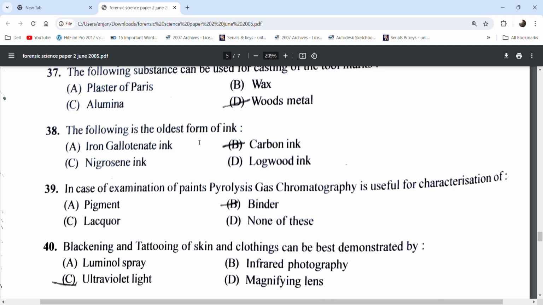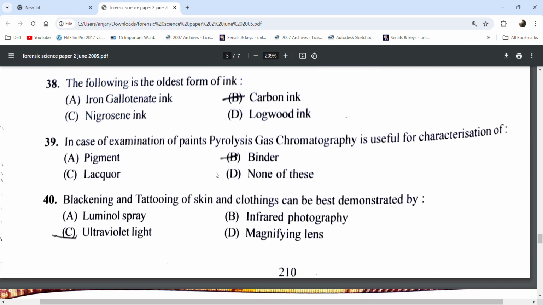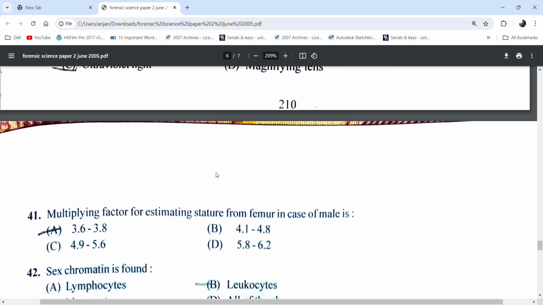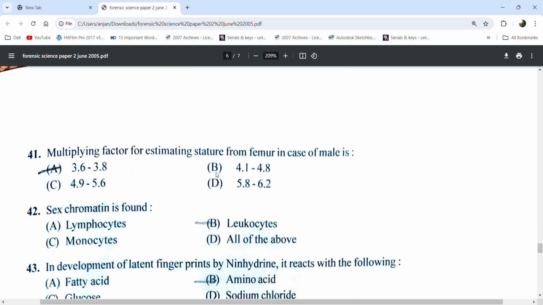The following is the oldest form of ink: carbon ink. In case of examination of paint, pyrolysis gas chromatography is used for characterization of binder. Blackening and tattooing of skin and clothing can be best demonstrated by ultraviolet light also.